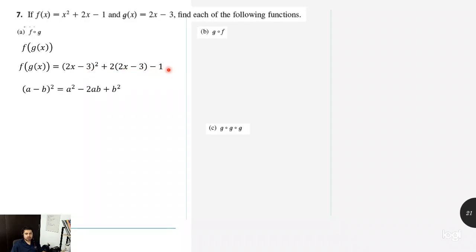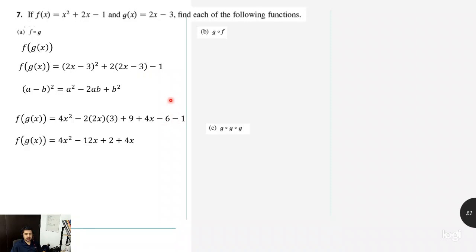Then we use the square of a subtraction binomial. So we have a minus b squared, which is a squared minus 2ab plus b squared. Then this squared, we have 4x squared minus 2 times 2x times 3, then this 3 squared is going to be 9, plus 2 times 2x is 4x, 2 times minus 3 is minus 6, and then minus 1.